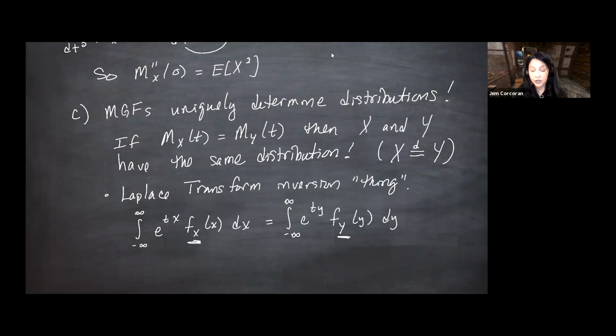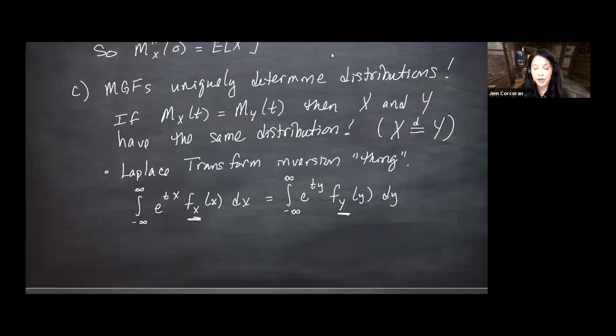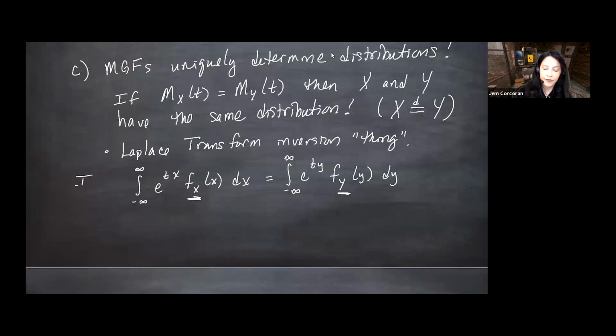Then if you've seen Laplace transforms, these almost look like Laplace transforms of the PDFs. If you haven't, that's fine. And you can, in theory, although maybe not in practice, invert a Laplace transform. And so my claim is that if these are equal, then you can come up with a formula, going to be an infinite sum kind of thing, a power series expression for f_X, and you can come up with the formula for f_Y, and they're going to be the same.